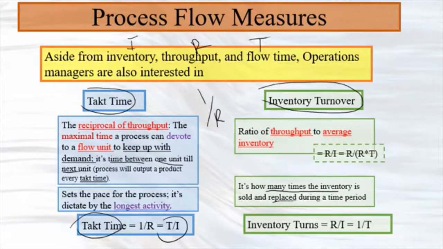And that's basically the reciprocal of T. So takt time is the reciprocal of R. Inventory turnover is the reciprocal of T. And when you take into account Little's law equation, it's basically R over I, just substituting the 1 over T into that equation.